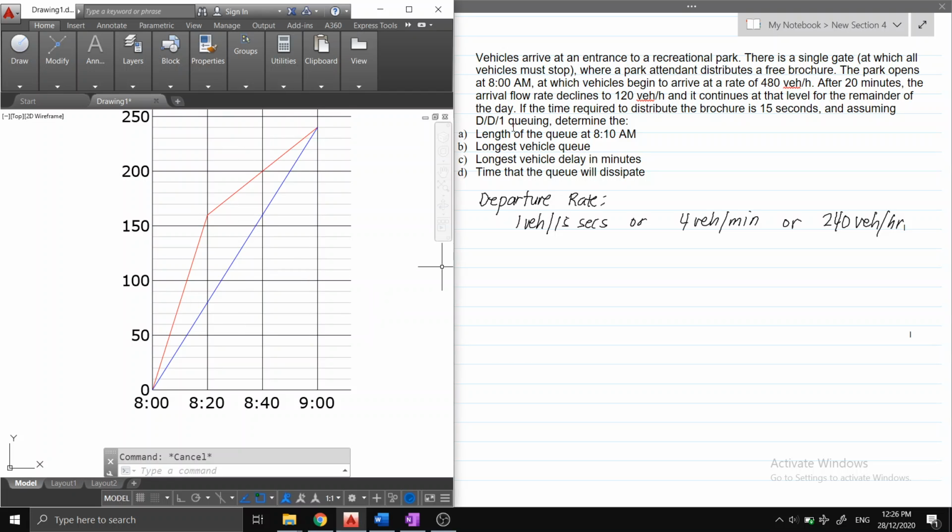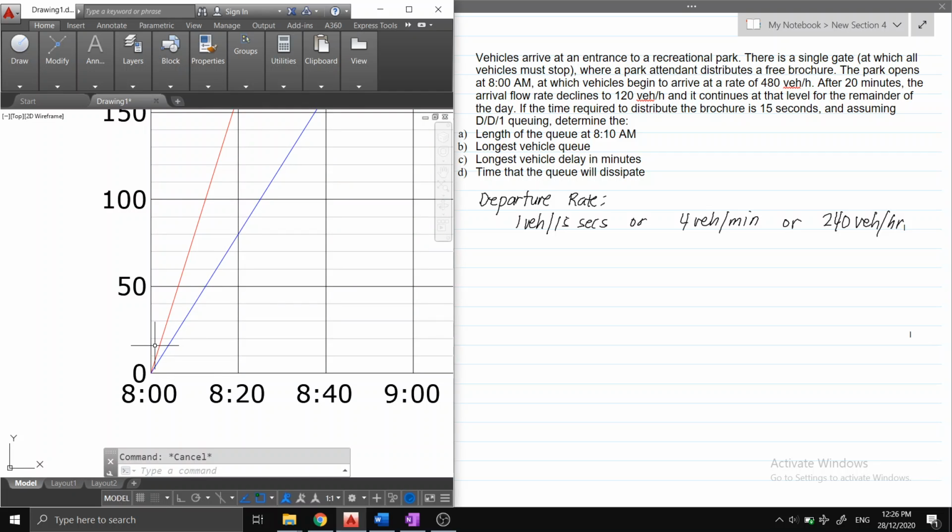So, the first question, the length of queue at 8:10 a.m. Kung tama yung naka-proportion yung paggawa nyo ng graph, pwede nyo siyang isolve graphically. So by that, makikita natin na yung gitna ni 8 o'clock and ni 8:20, that is equal to 8:10.